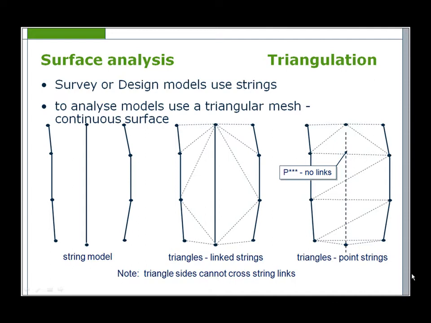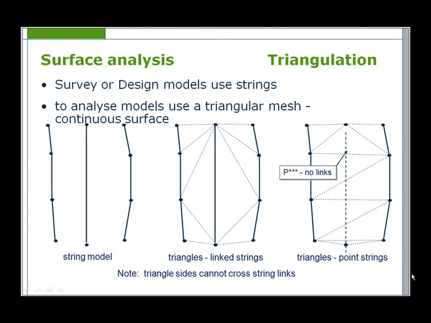Now there are two rules built into MX when you're using the triangulation option. The first rule is that MX is always trying to create equal-sided triangles.